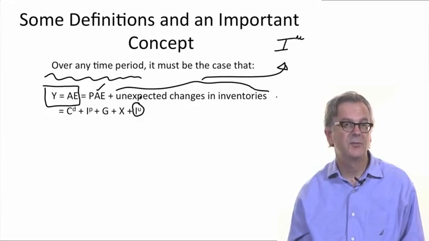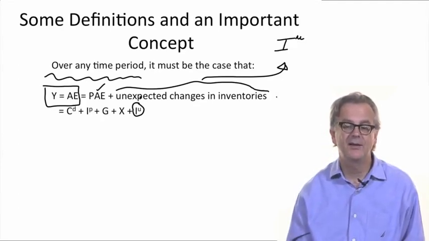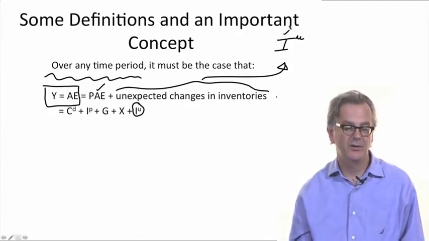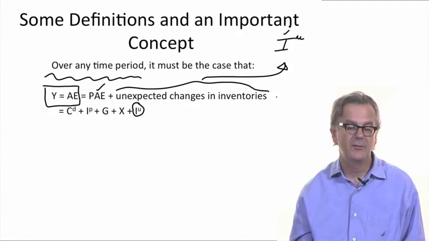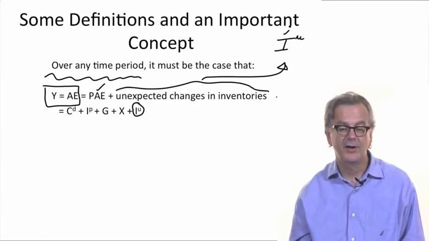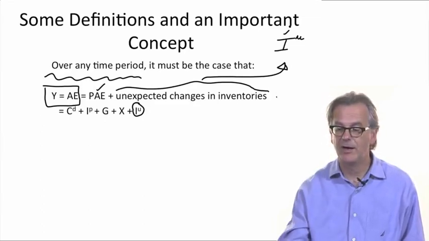I with the superscript P represents firms' planned investment. Now that's important. What we're saying here is firms have two different types of investment: one component which is planned, but then they might be caught by surprise and they have this unplanned component. And then we have government expenditure, G, and then we have expenditure by foreign residents on exports, which we represent by X.